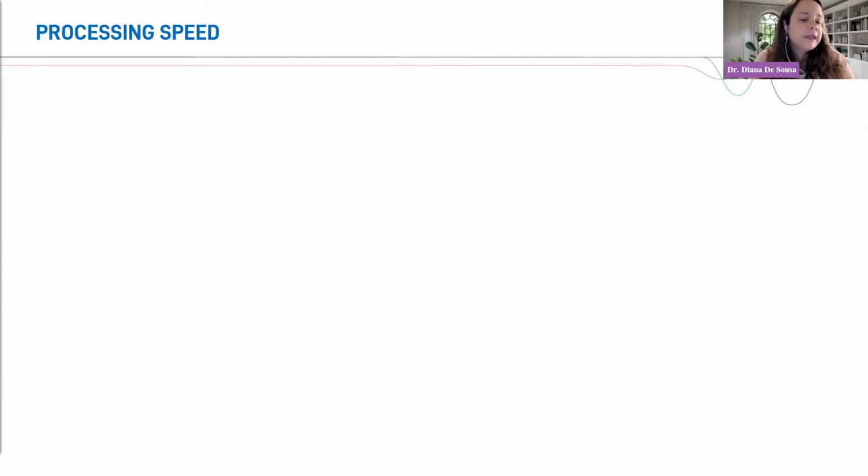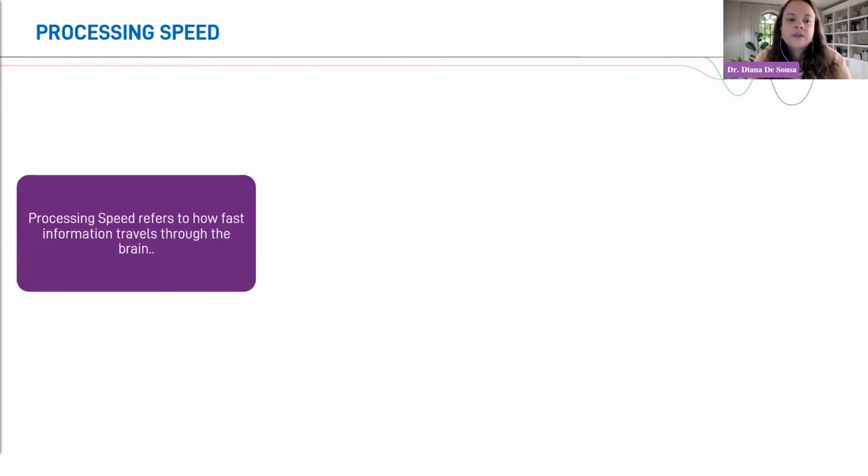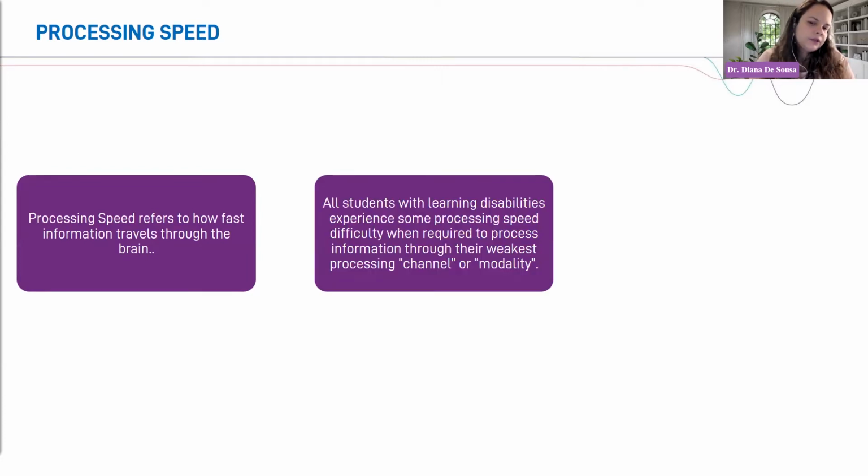As we move to the next slide, we've looked at visual processing, auditory processing. Now we move to one that is called processing speed. So processing speed refers to how fast information travels through the brain. All learners or children with learning disabilities tend to have challenges with processing speed when they have to access information quickly.